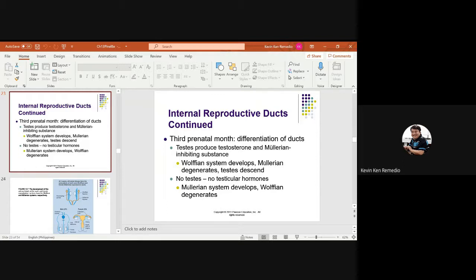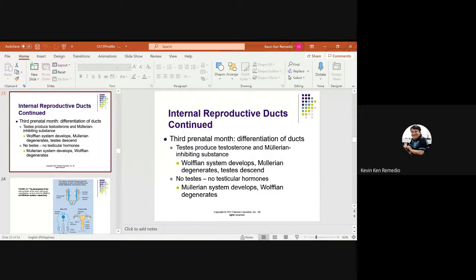No? So for the testis which produces testosterone and Mullerian inhibiting substance. So kung lalaki class, ang testis sa katong lalaki reproduce og testosterone and Mullerian inhibiting substance para dili tumutubo ang Mullerian system. So tungod kay naa may Mullerian inhibiting substance, okay, mo develop dayon ang Wolffian system, the Mullerian system degenerates, and then the testis will descend.